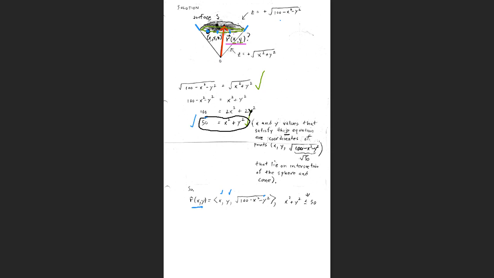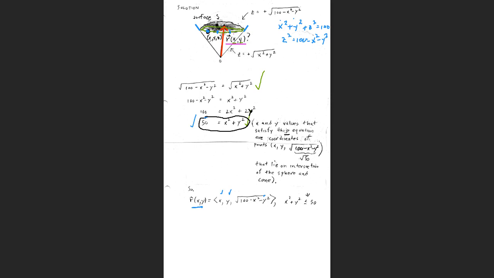Just one moment here. If we look above here on the surface, the sphere, the points on the sphere were x squared plus y squared plus z squared equals 100. So that means z squared is 100 minus x squared minus y squared.